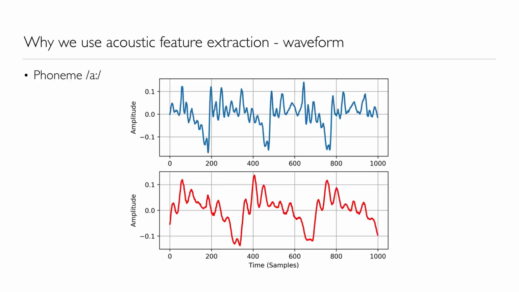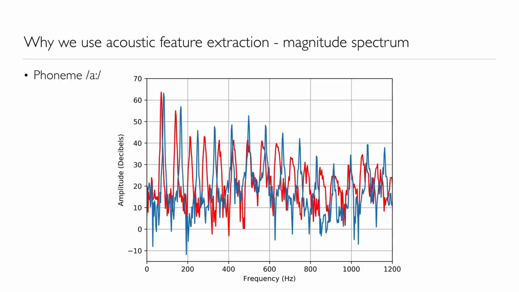So how about if we extract the spectrum? Maybe in the spectrum domain we have more meaningful behavior of these two waveforms. If we compute the spectrum using just the regular FFT, you can recognize some similar pattern, but these curves are still very different, and if you subtract one from the other, you will see a big difference.